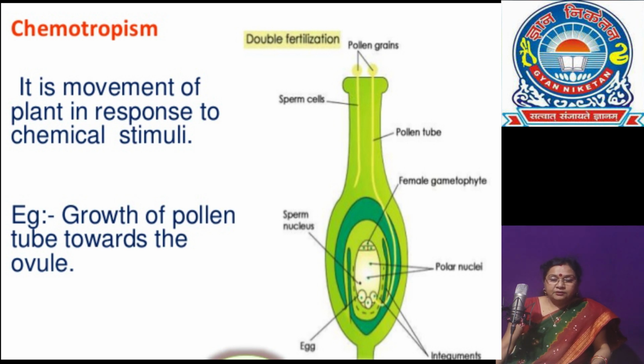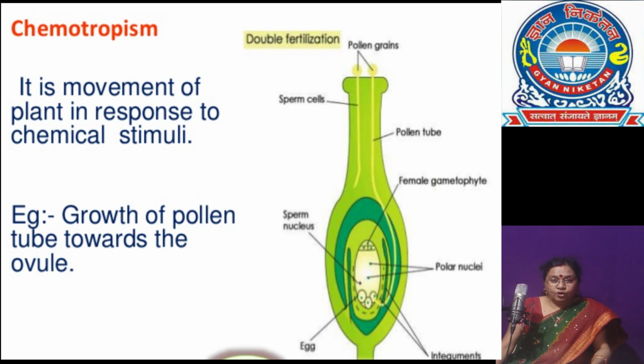Chemotropism is seen during fertilization in plants. When pollen grains come and settle on the stigma, the pollen tube grows through the style towards the ovule in response to certain chemicals synthesized by the stigma.